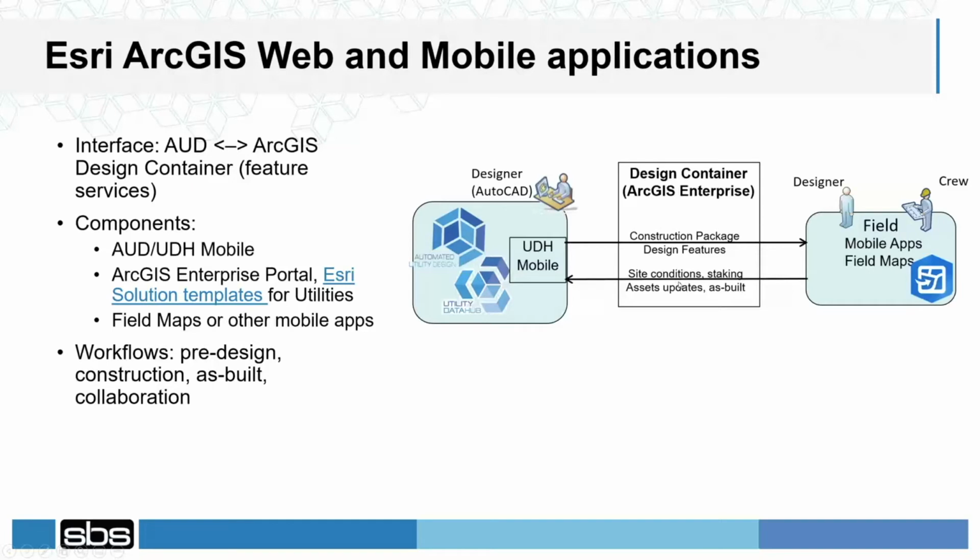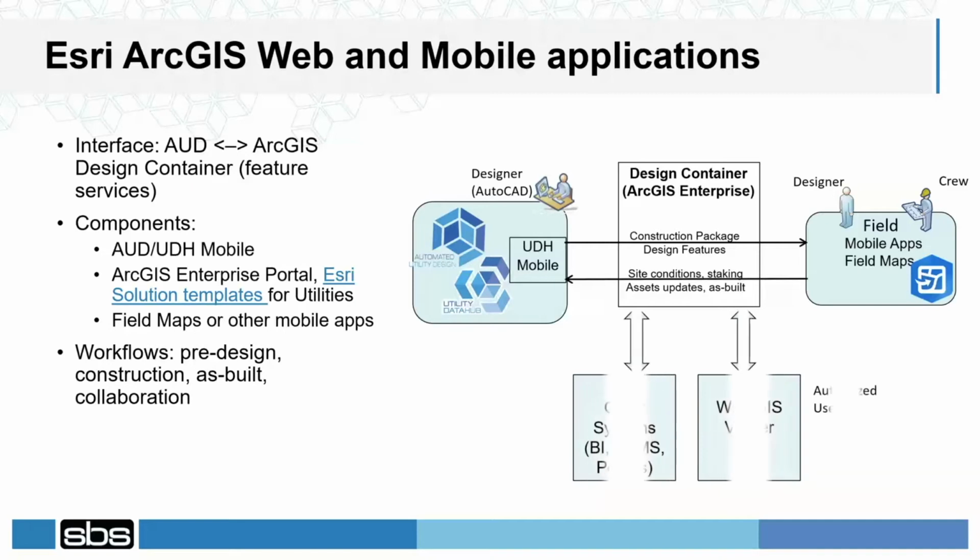They are not features in GIS. That's important. There is no real upload to GIS. These are just layers, hosted feature layers in ArcGIS Enterprise with the published information from design.